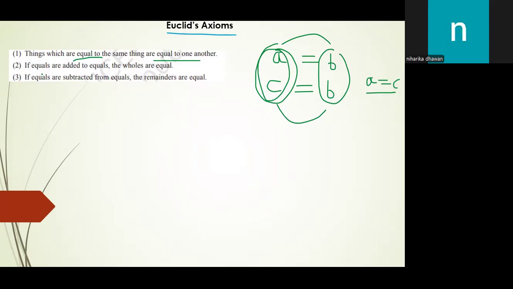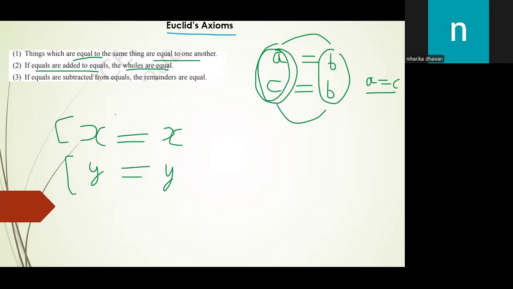Let's look at the second axiom. If equals are added to equals, the wholes are equal. Suppose, let's take another example here. Suppose X is equal to X and Y is equal to Y. Obviously here X is equal to X and Y is equal to Y. So if equals are added to equals, these are equal and these are also equal.